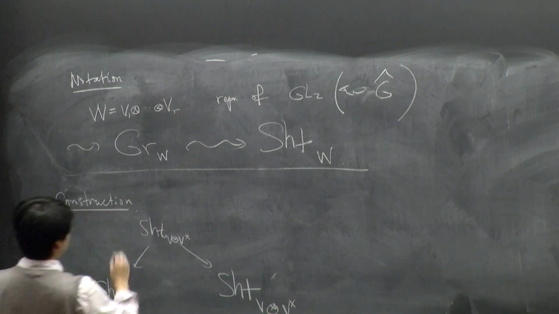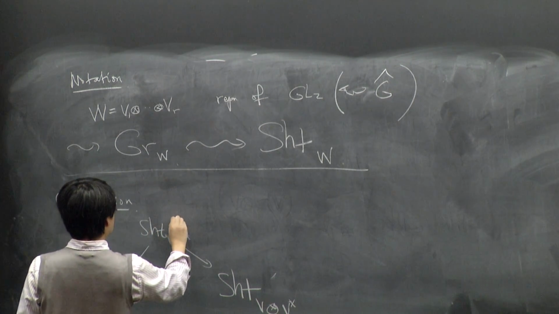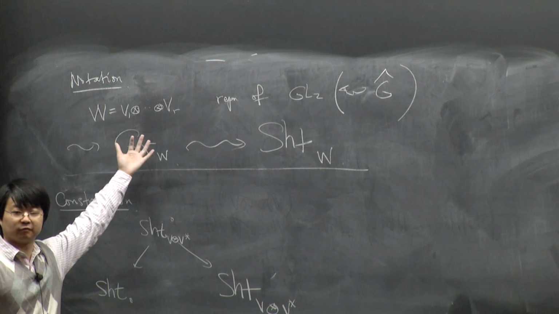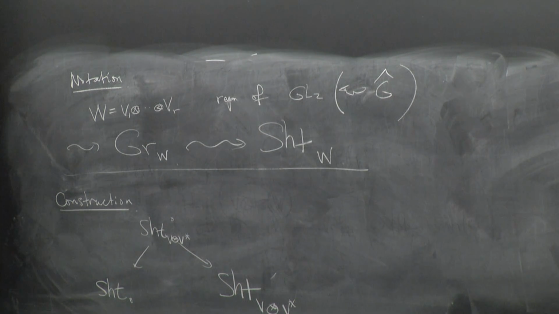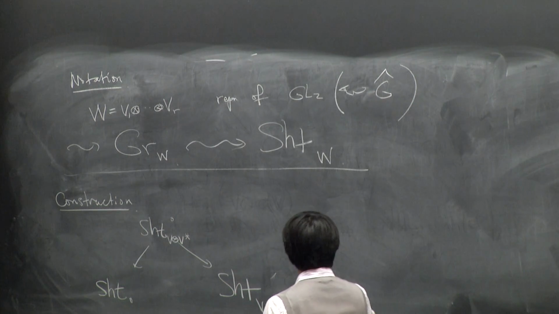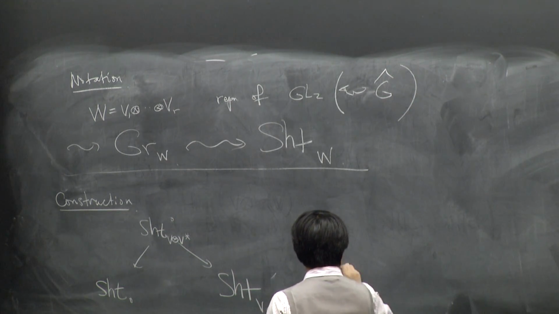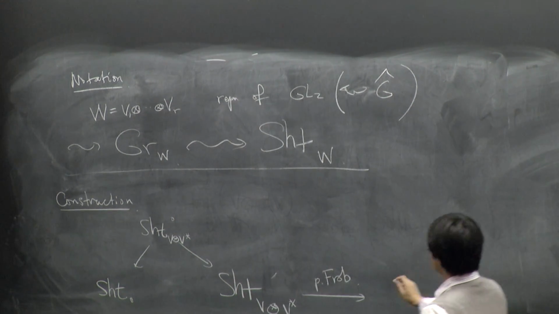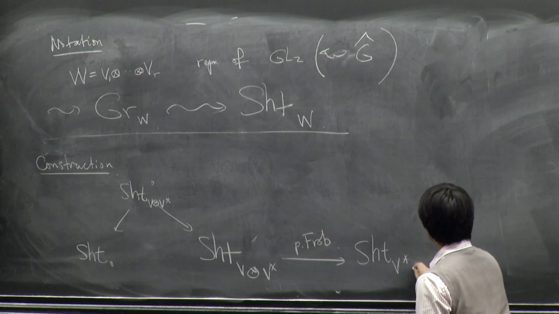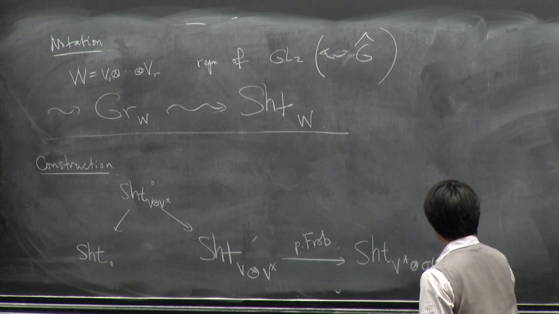Construct a correspondence. So locally, you really use a variety of affine Grassmannian, but globally you can switch to the Stuka setting. Then you take the partial Frobenius. So I get here from V star tensor sigma V.